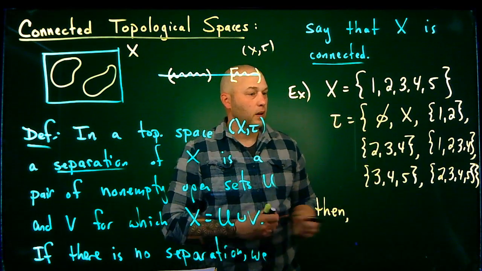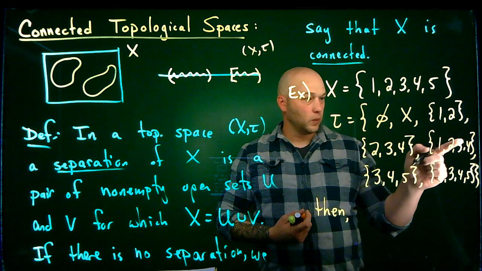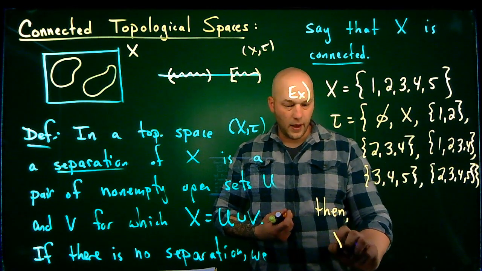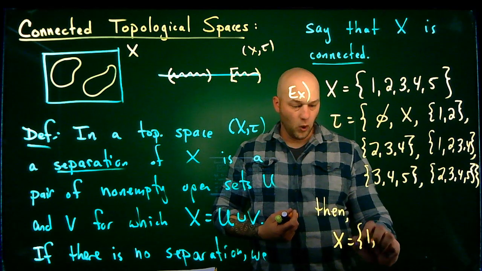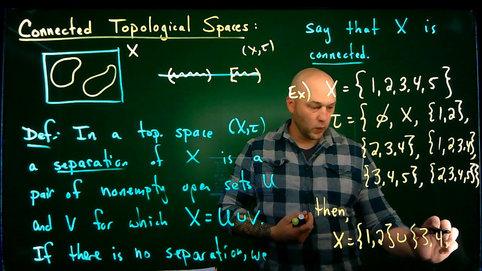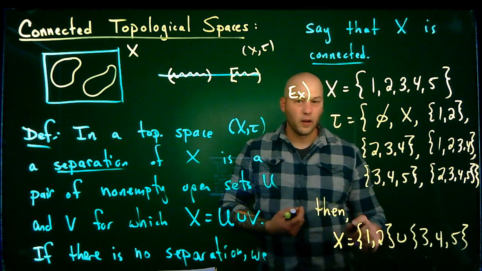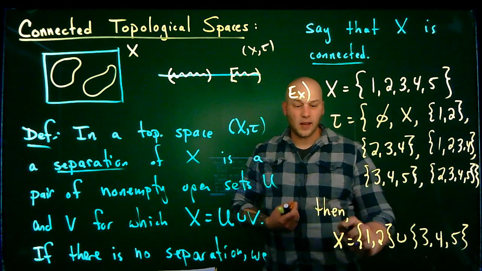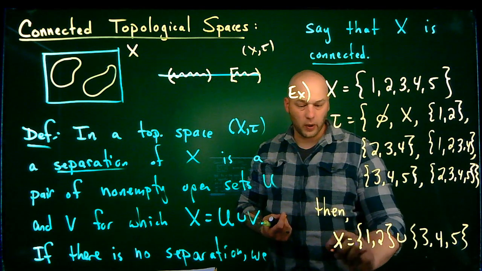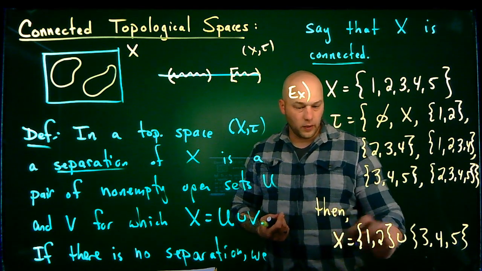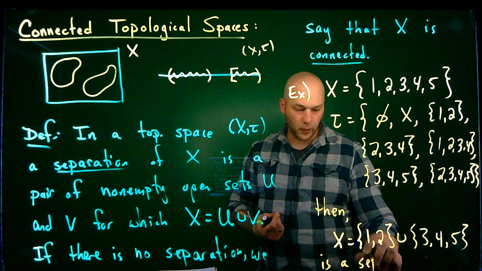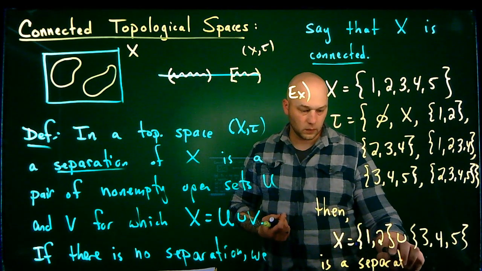Well, I could have {1, 2} and then {3, 4, 5}. So X is equal to {1, 2} union {3, 4, 5}. Therefore, the set X is not connected because there is a separation.